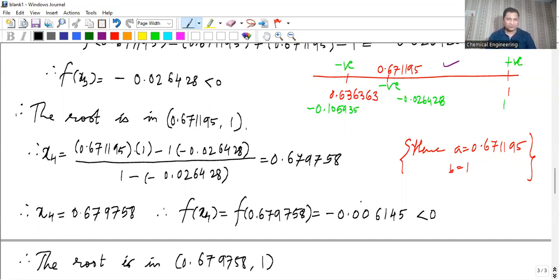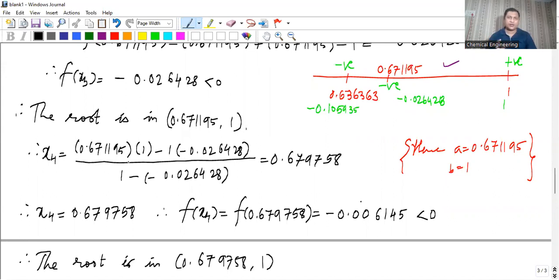Sir, which calculator do you prefer? Actually, this calculator is not okay, I think. Usually we go with the 991 MS, or now they have the advanced 991 ES.